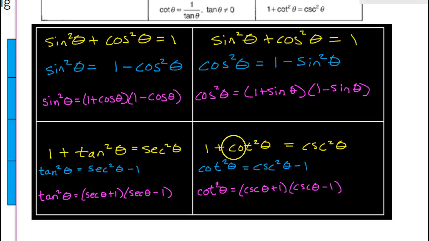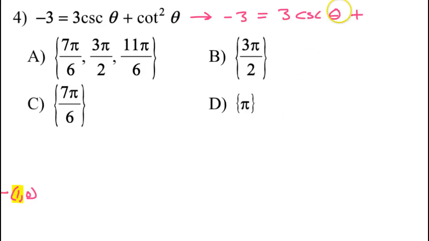I need to modify this a tiny bit. All I need to do is look at the blue: cotangent squared is cosecant squared minus 1. So that's what I'm doing. Cosecant squared minus 1. I can just squeeze it in there.